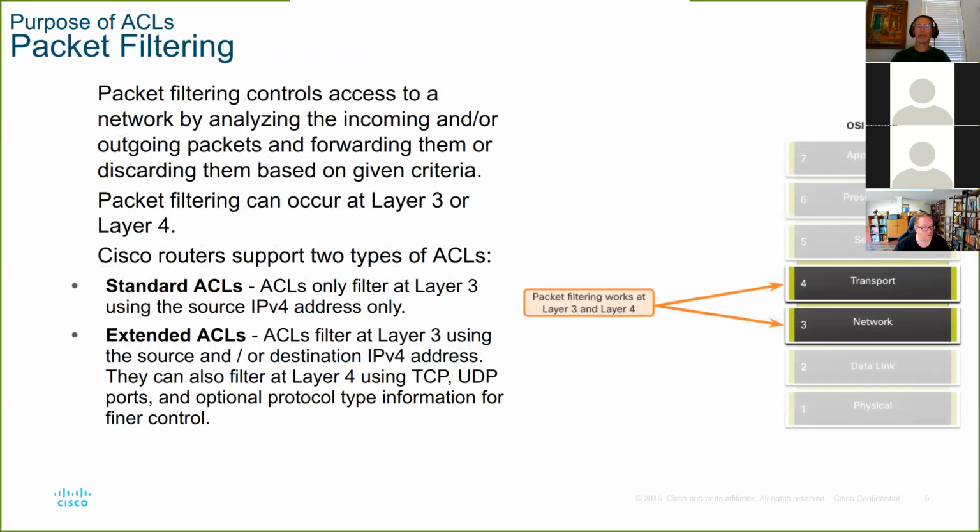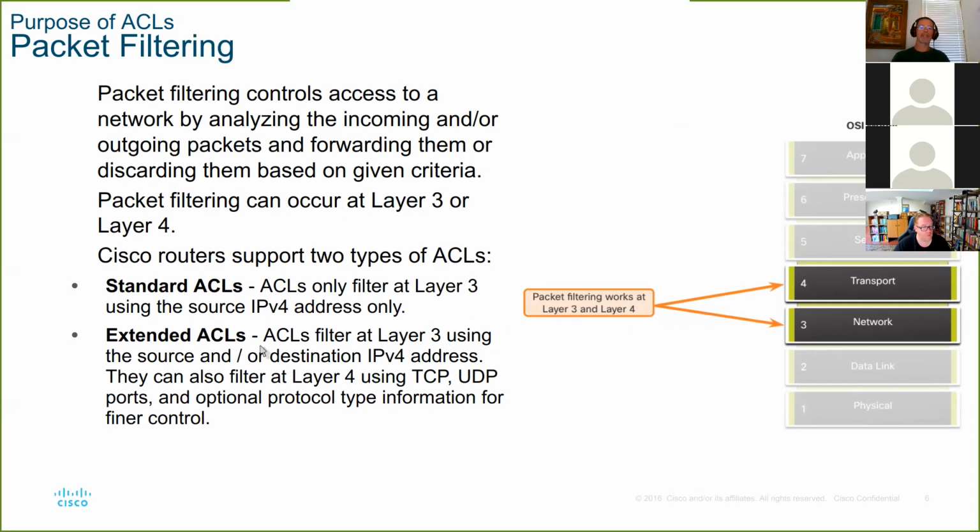So in the ACL world, we're talking about filtering packets or filtering traffic. There are 2 types of ACLs currently. There are standard ACLs, and standard ACLs can filter traffic based on IP address only, and more specifically, based on source IP address only.